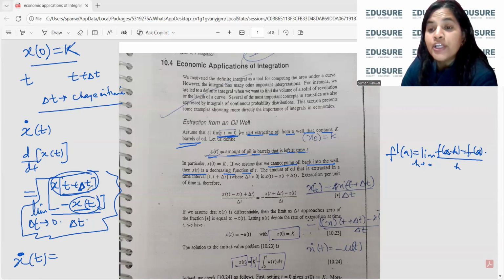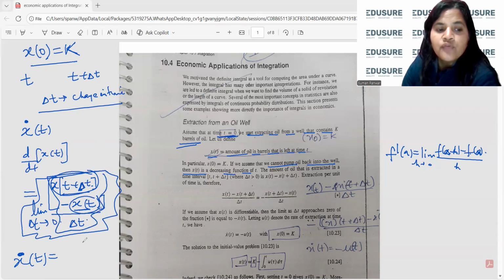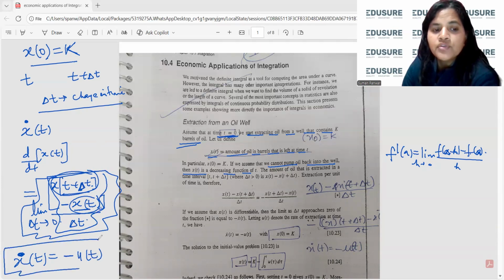Therefore this particular term will be negative. Why will this be negative? Because with time it is decreasing. So this is the rate of extraction at time t. So we can write x dot t is equal to minus u(t).